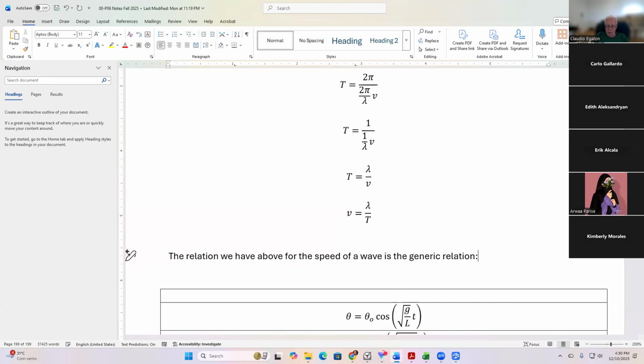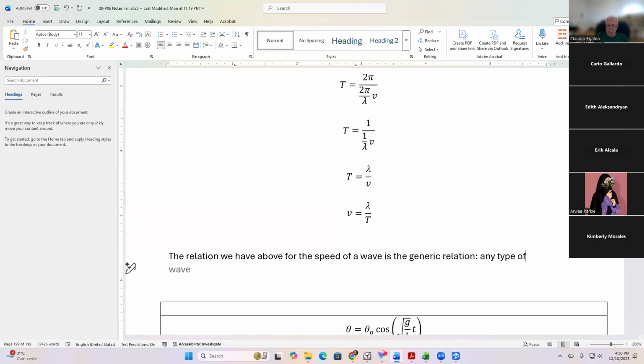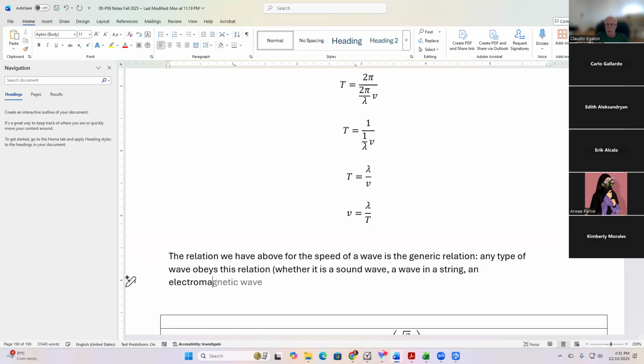What do I mean by generic relation? Any type of wave obeys this relation, whether it's an electromagnetic wave, a sound wave, a wave in a string, a water wave, etc.